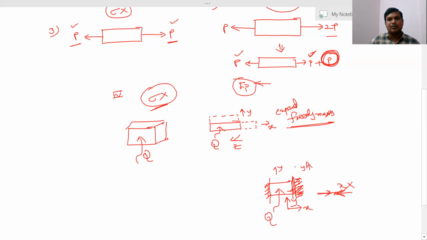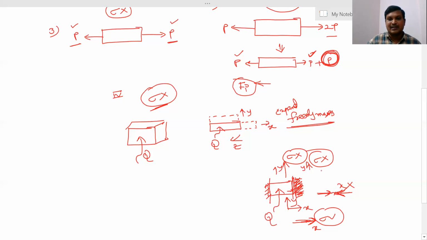Whenever the body moves freely, stress is not generated. So the body in the y direction moves freely, and there is no stress. But in the x direction, the body is constrained. The body tries to move in the x direction, but the constraint stops that expansion. Whenever the body does not move freely in any direction, stress is generated.